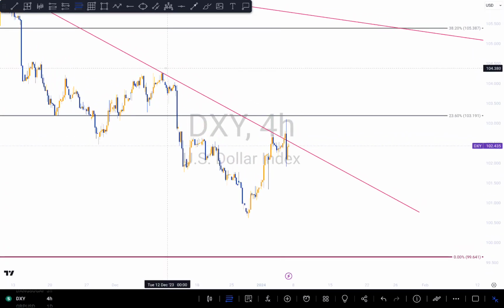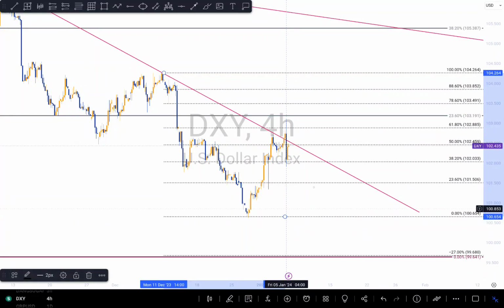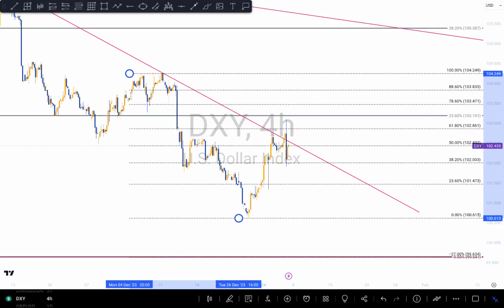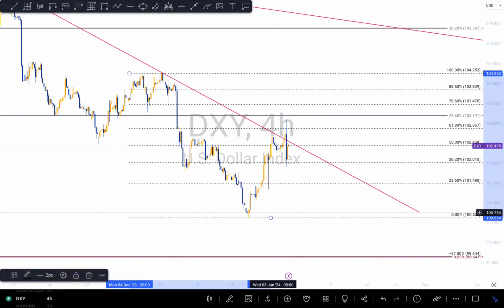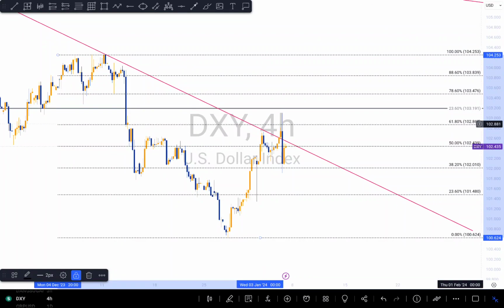Let's see if I draw my fib right here from point A to point B. So based on that, we can see that we're currently rejecting around the 61.8% fib level, right, which is a reversal pattern.